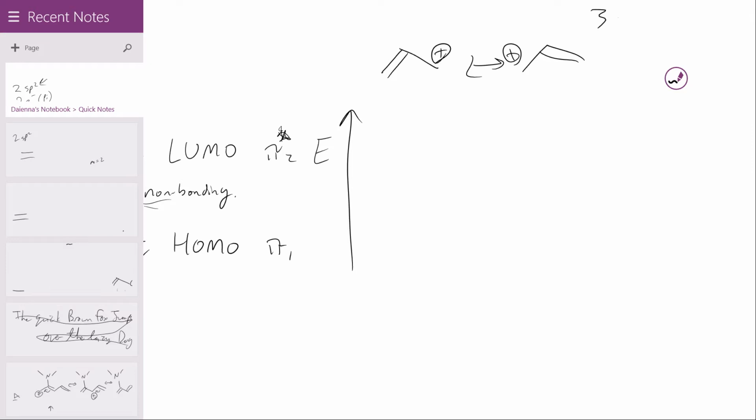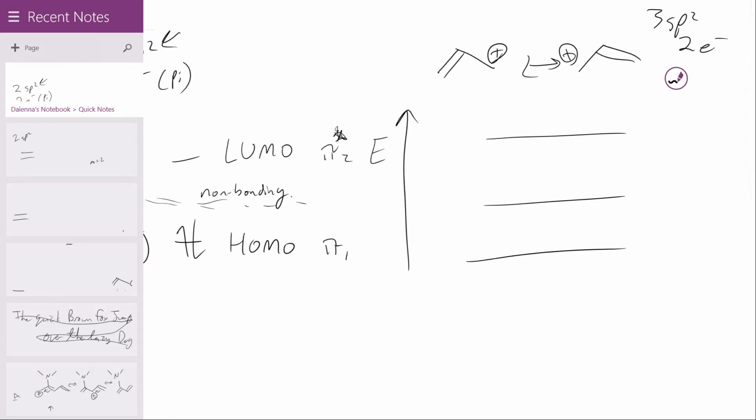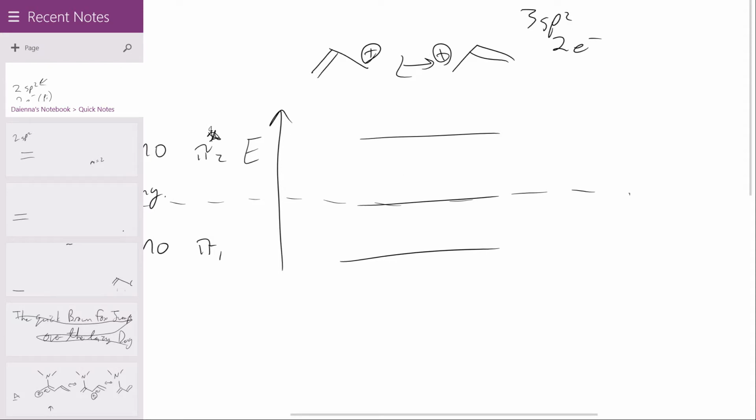So we have three sp2 hybridized carbons and two electrons again. Since we have three sp2 hybridized carbons, we're going to draw three energy levels, and they're going to be spread out equally above and below the non-bonding level. So we have one below, one at the non-bonding, and one above. Since we have three sp2 carbons, we also draw three dots where our orbitals will lie.